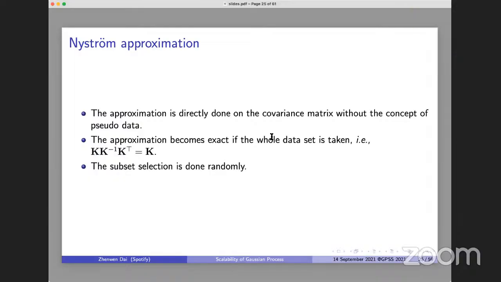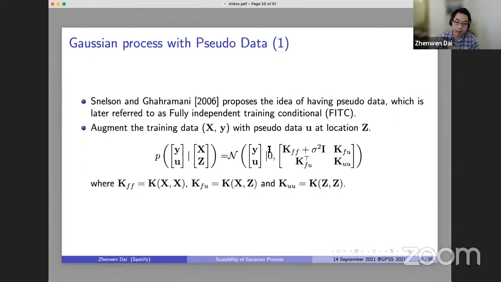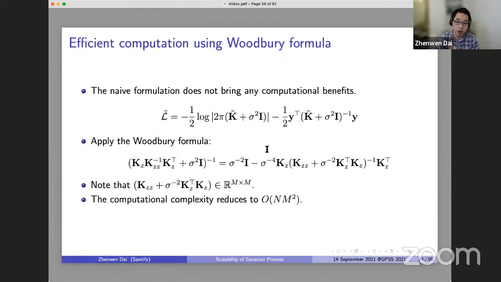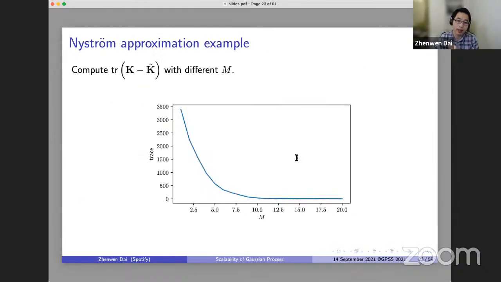Directly doing it does not help, because PCA or SVD, these kinds of numerical decompositions of the covariance, like those low rank approximations, are also cubic complexity. For example, SVD or eigendecomposition are both cubic complexity. So if we directly apply a low rank approximation to K, then there is no computational benefit.